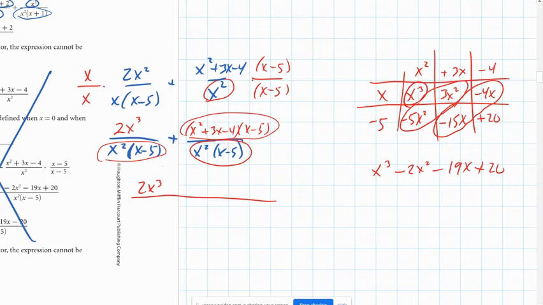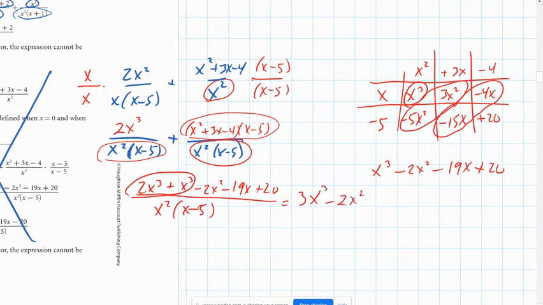So we have 2x cubed plus x cubed minus 2x squared minus 19x plus 20 over x squared, x minus 5. And these two terms can add together to get our final answer of 3x cubed minus 2x squared minus 19x plus 20 over x squared, x minus 5.